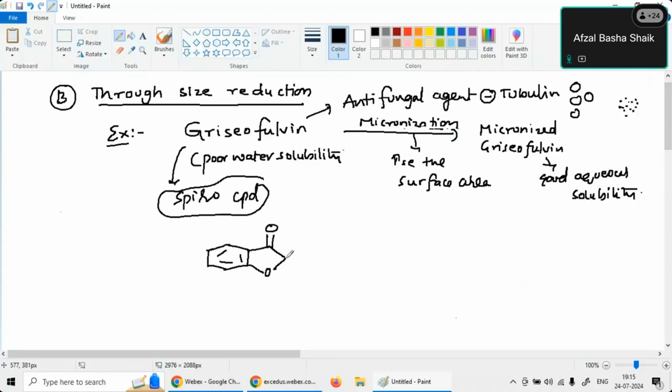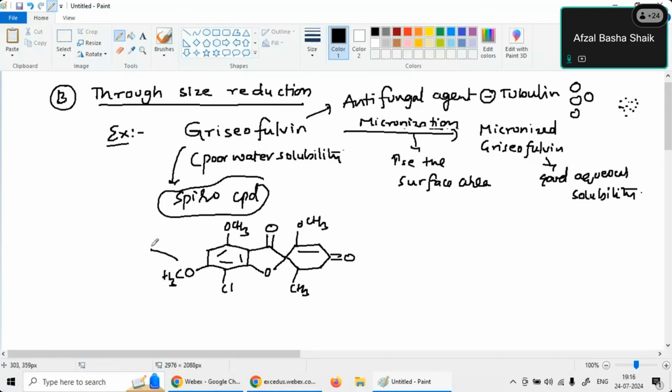Right? You have a methoxy group here and a methyl substitution here, and a chlorine here, too lipophilic.